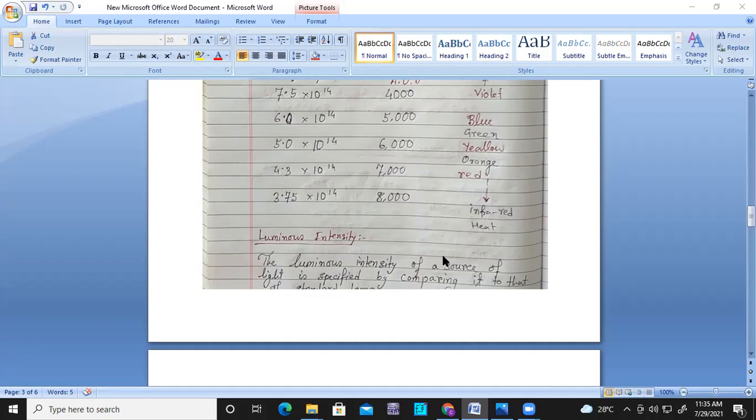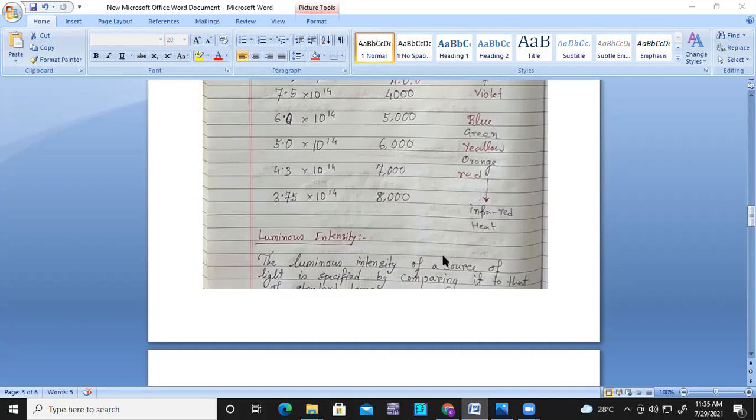Okay, so if a specific candle has some illumination, then it is found that that is a standard lamp, and we can compare it with this other lamp. This specific candle lamp is kept in the national laboratory of these three countries, France, Britain, and the USA.